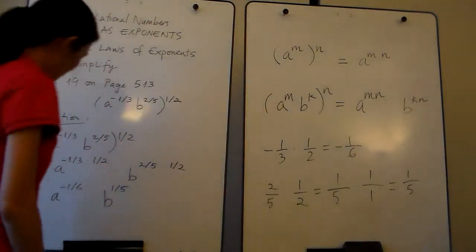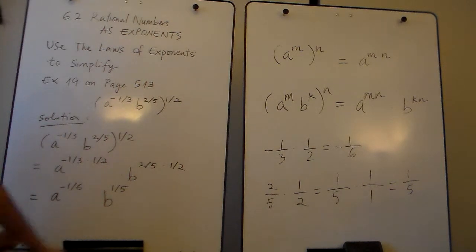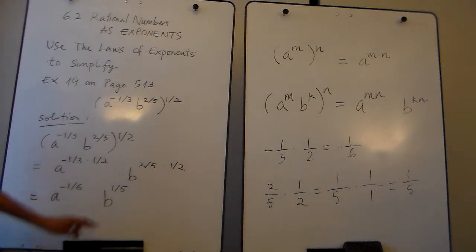Again, the two are different bases, so you cannot combine them. And this looks like the simplified form, and you cannot simplify any further. So A raised to negative 1 divided by 6, times B raised to 1 divided by 5, is the answer for simplifying this expression.